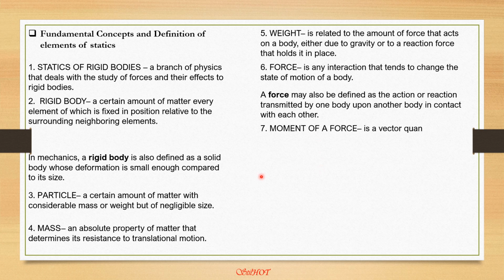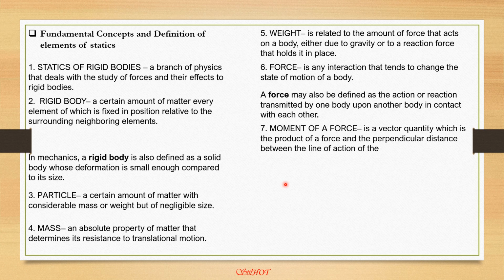Moment of a force is a vector quantity, which is the product of a force and the perpendicular distance between the line of action of the force and the point on the body about which rotation is possible to occur.